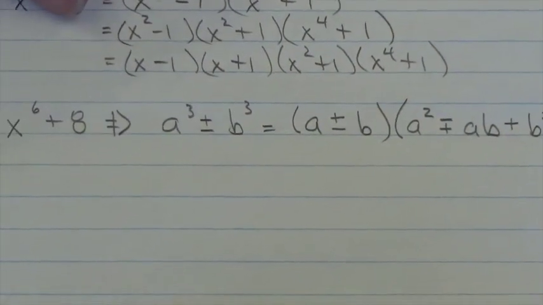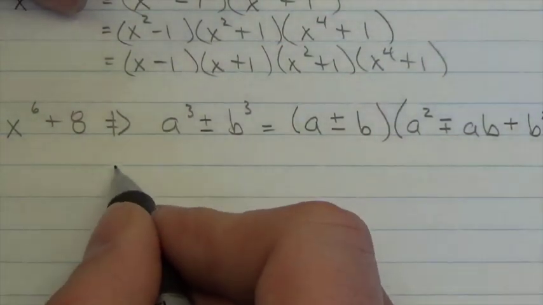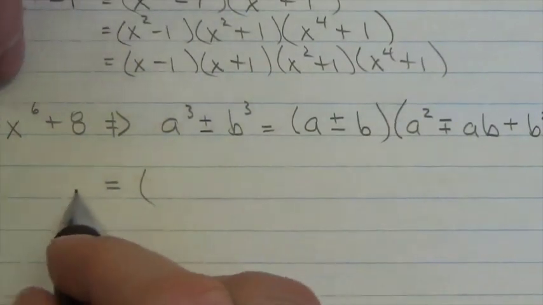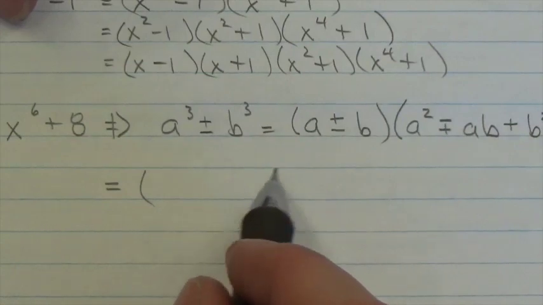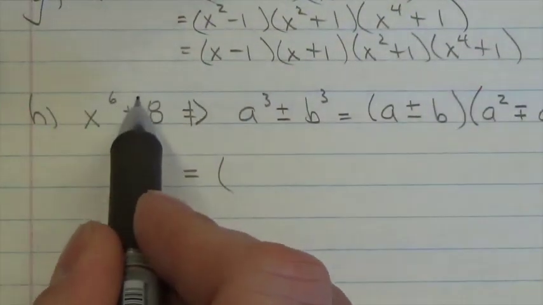So now, let's take a look at our question again. x to the sixth plus 8 is now going to equal, well, what's the cube root of x to the sixth? Now remember how to do that. You're going to take the exponent and divide by 3. We're going to take that to the 1/3.